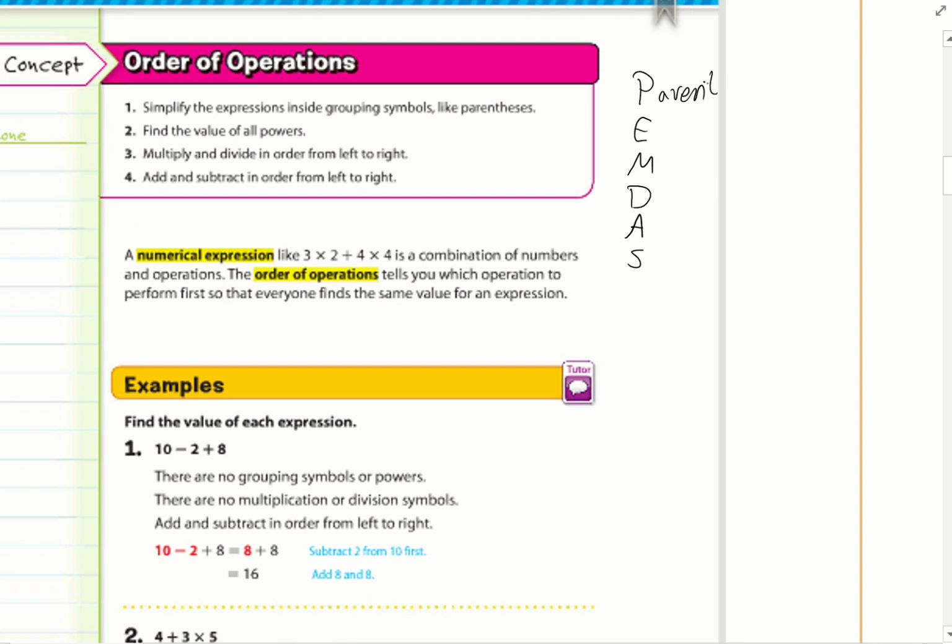So it's parentheses, exponents, and then multiply, divide, then addition, and subtraction.